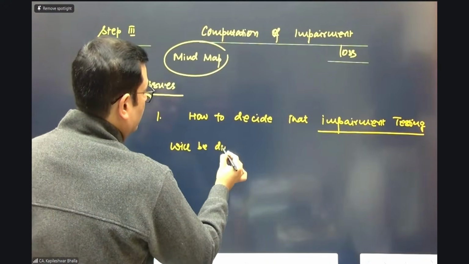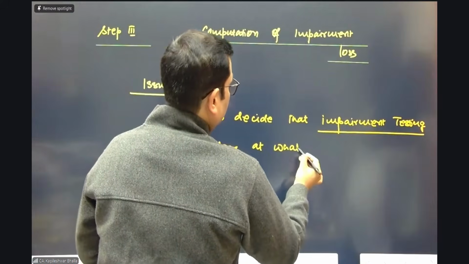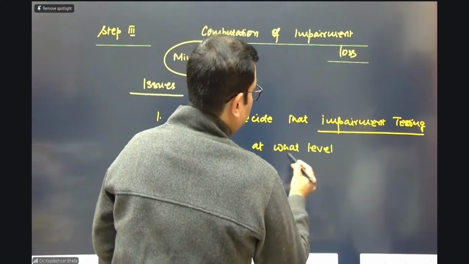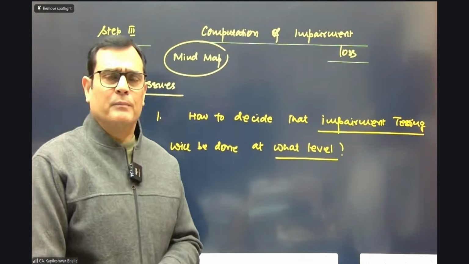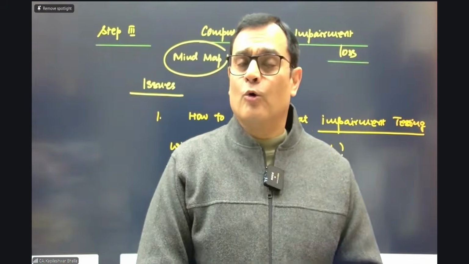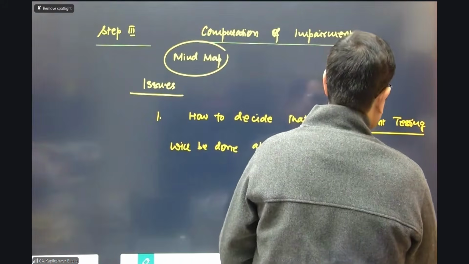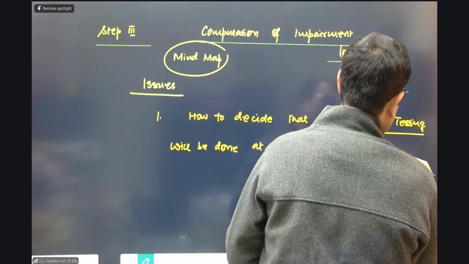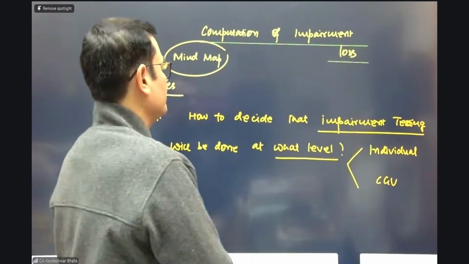So the first agenda is to decide at what level the impairment testing is going to be done. What level means an individual asset or a group of assets. So you need to decide, is the impairment testing to be done at an individual level, or is it to be done at a group level, that is a CGU?